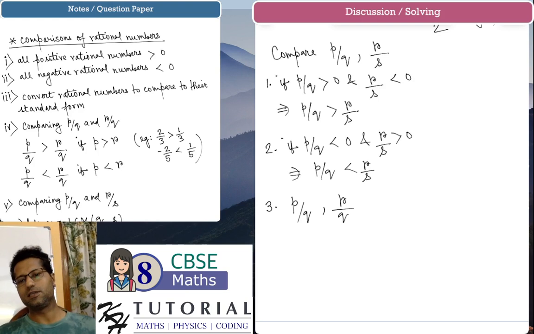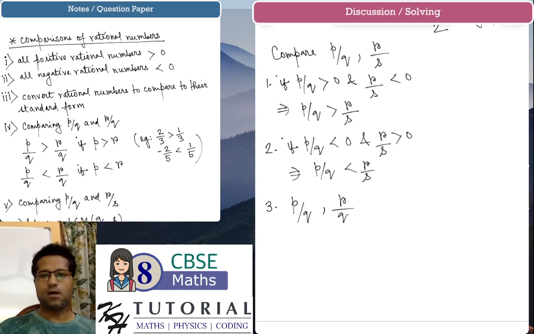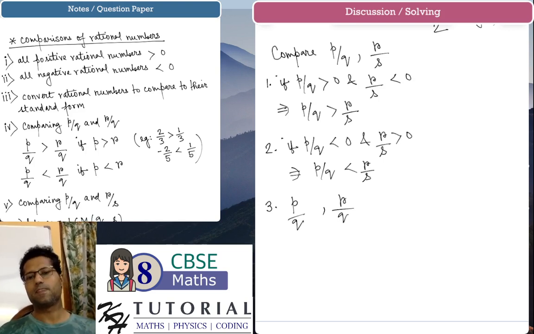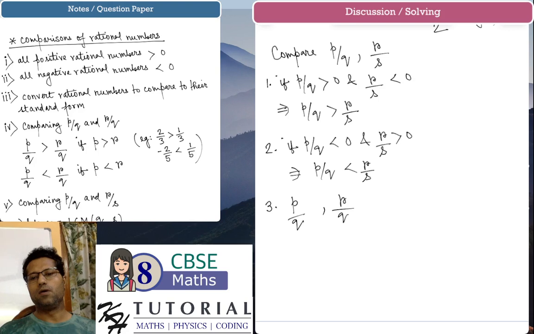So we can see that the denominator of both the rational numbers is the same. Now, how do we compare these two rational numbers? It is very easy. We just compare the numerators, that is p and r.